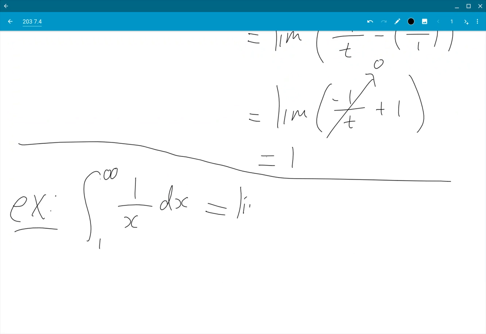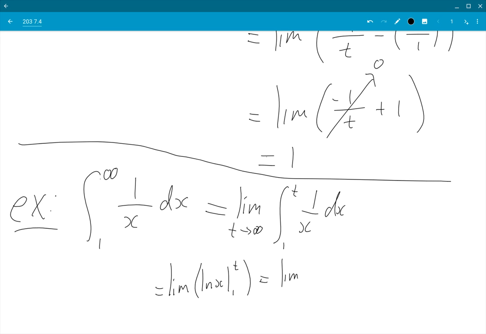We'll go limit as t goes to infinity of the integral from 1 to t of 1 over x dx, which is the limit of ln x from 1 to t. Don't need the absolute value because these numbers here are positive.